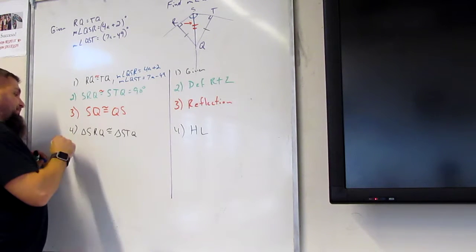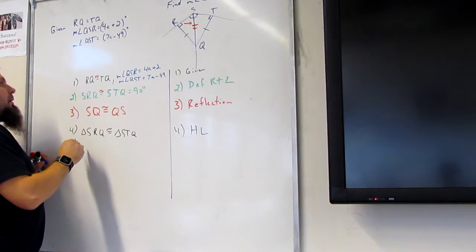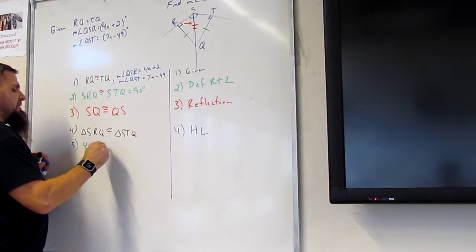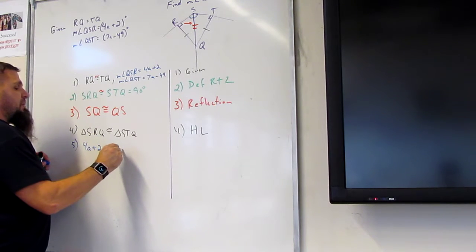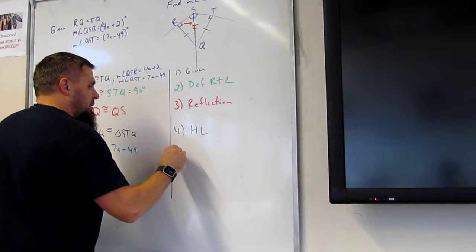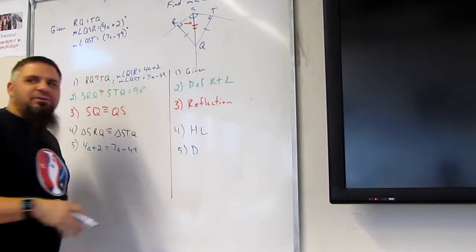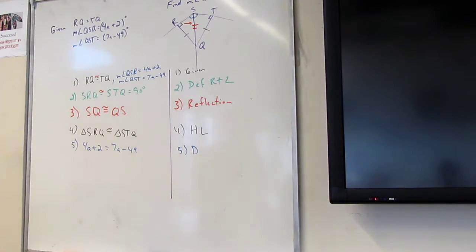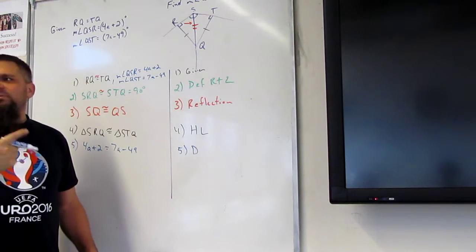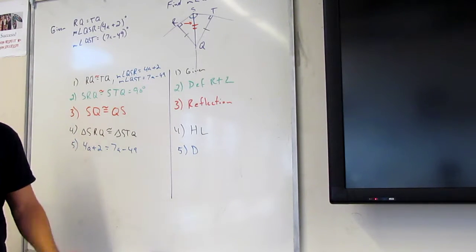So therefore, 4A plus 2 is equal to 7A minus 49. And why? And then call that, whenever you go because, this is what I taught last year. Every time you say because, it's a definition. Because it's a right angle, it's a definition of a right angle.